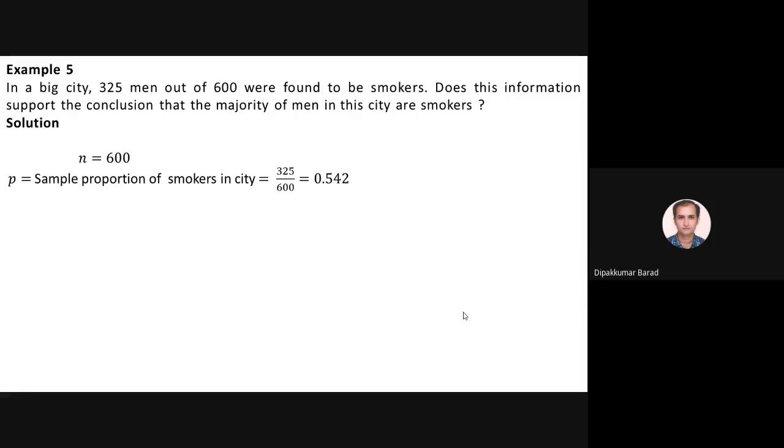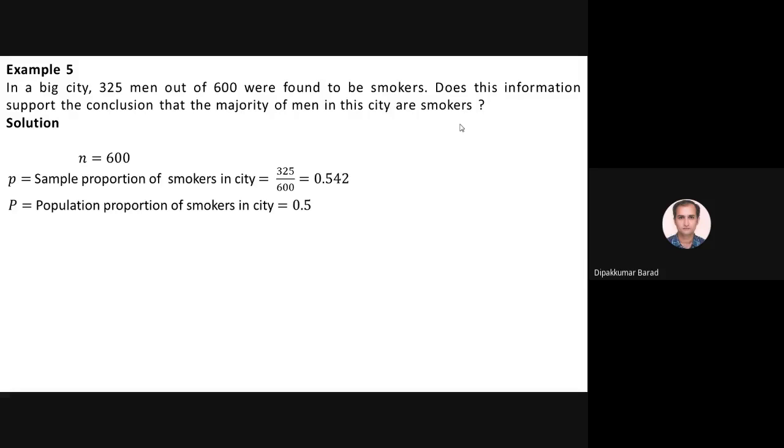And capital P is 0.5, because if exactly 50% are smokers, that is not a majority; more than 50% is needed to say the majority are smokers.